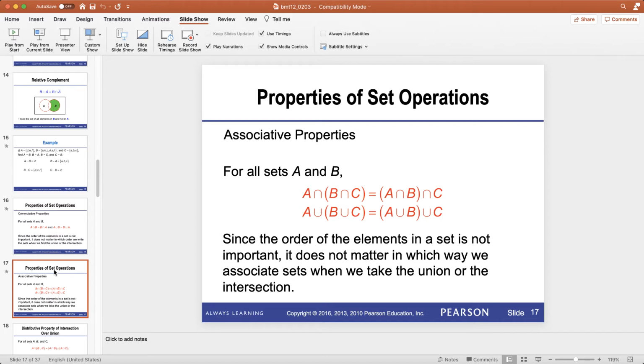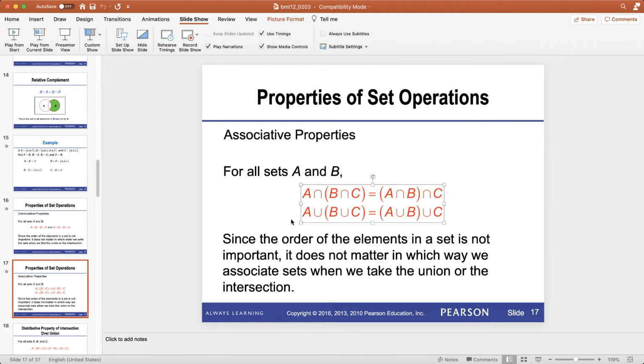Associative property, you can do kind of the same thing. For addition, you can do in parentheses here first. You can do this first, and then whatever you get from here, you can intersect it with A, or you can do the intersection of A and B and then intersect it with C. For union, same thing.